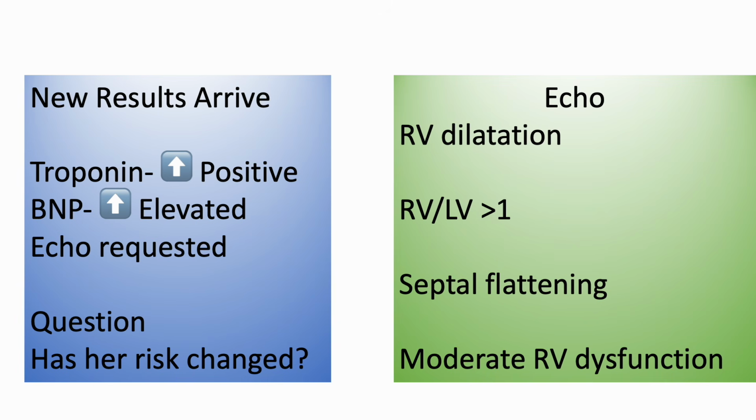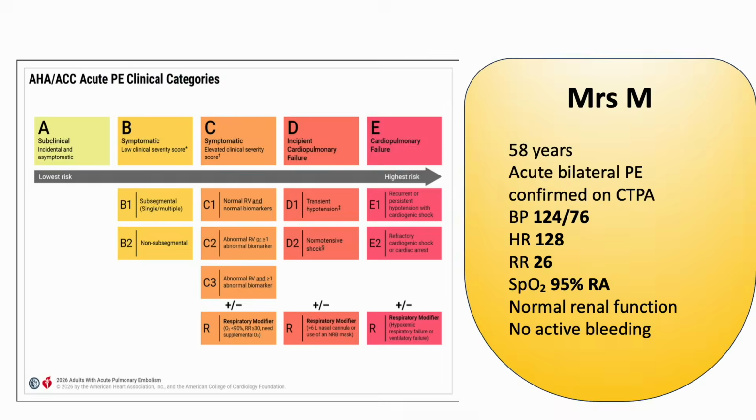Her troponins are positive, her proBNP is elevated, the echo has been done, and she has an RV dilatation, RV-LV ratio more than 1, with septal flattening and a moderate RV dysfunction. So clearly, this patient has positive biomarkers, and this patient has evidence of RV dysfunction along with being symptomatic.